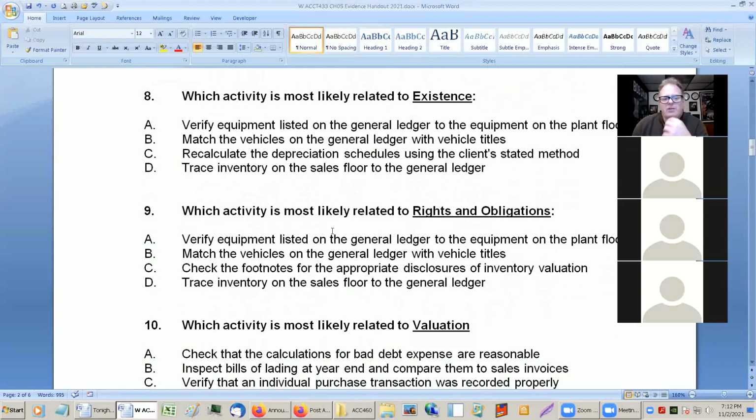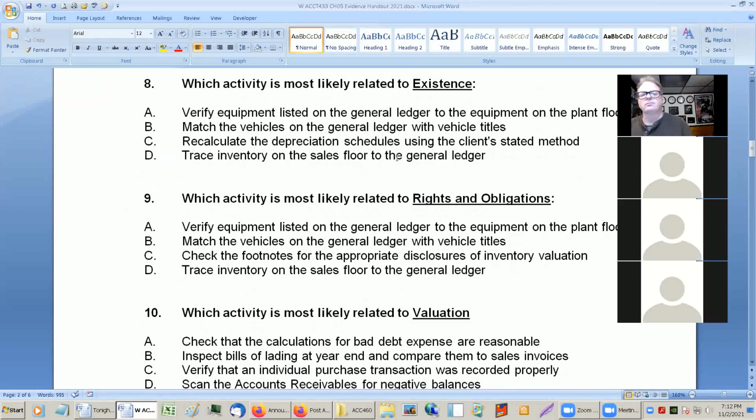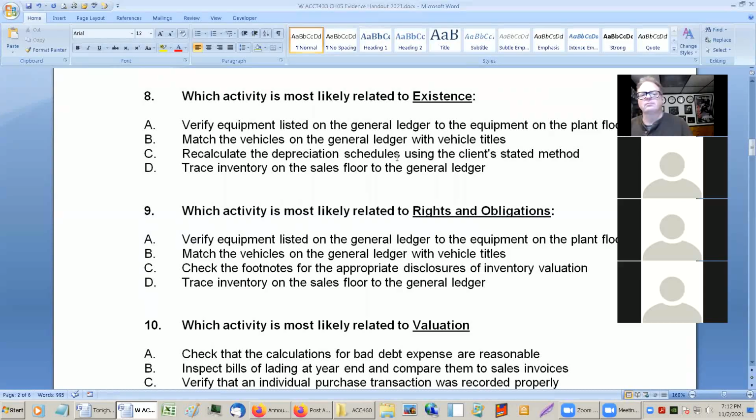Which activity is most likely related to existence? D. I didn't write this very well.